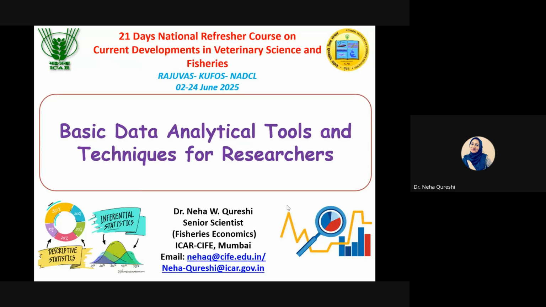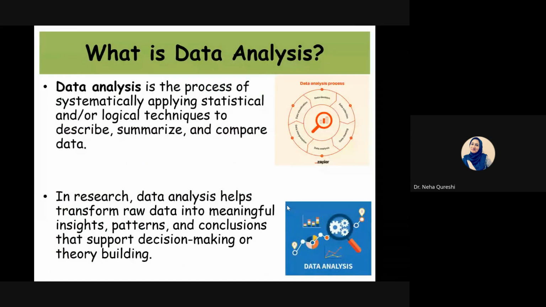Okay, so without wasting much time, let's start. As the topic is basics of data analysis, what does data analysis actually mean? There are various steps whenever you plan a research. First, in our mind, we have certain research questions and a hypothesis. Accordingly, the decision has to be made about what kind of data you have to collect.